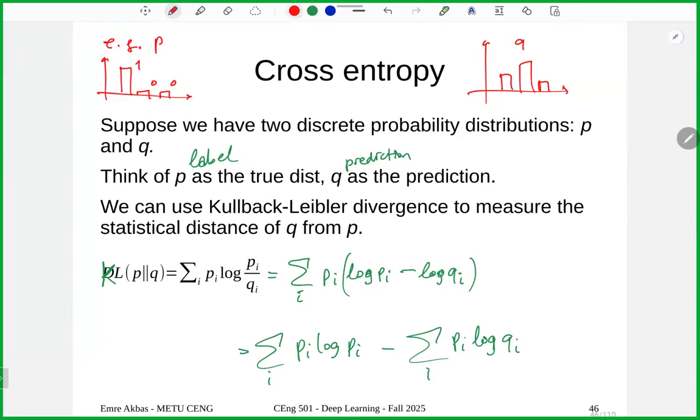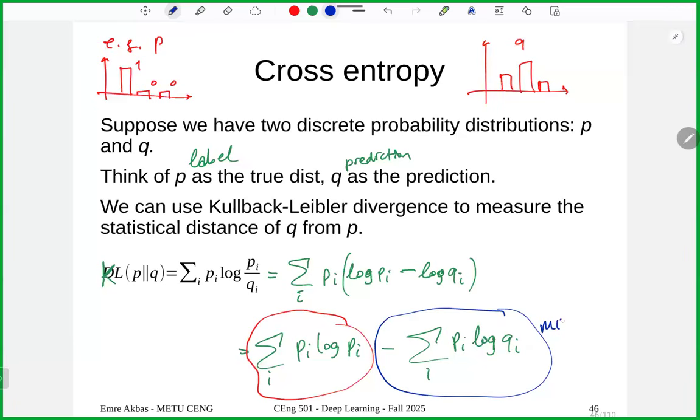If you look at these two terms, this one doesn't depend on the model at all, because the model's output is Q, and we don't have Q in this expression. It's all P, which is the true distribution that comes from the training set. So it does not play a role in our optimization. Therefore, we only look at this part. We try to minimize this part, and this is called cross entropy.